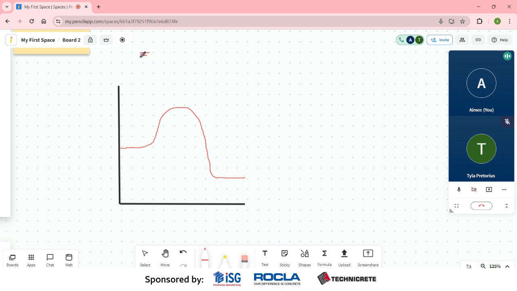So this is for an exothermic reaction. Remember, they specifically told you what they wanted you to indicate on the graph.